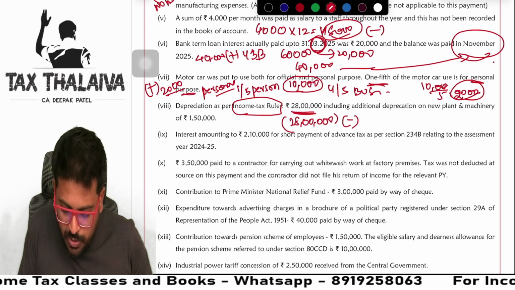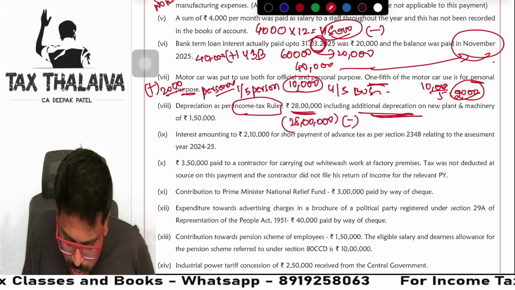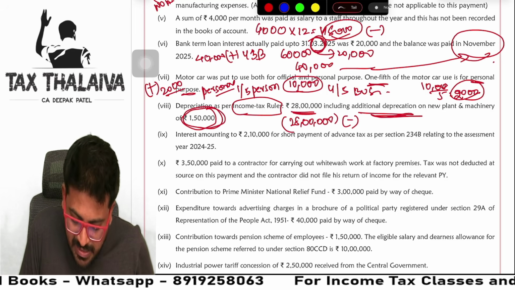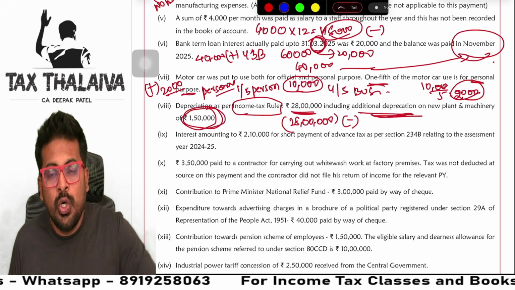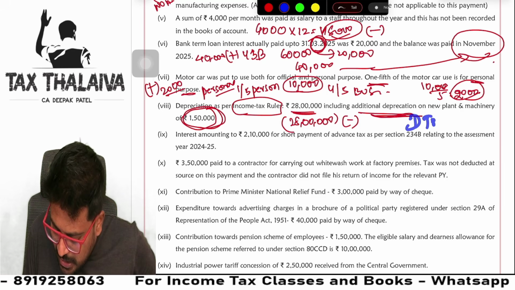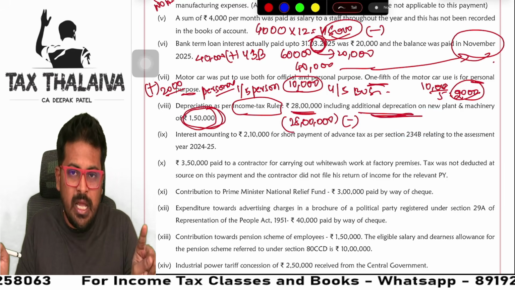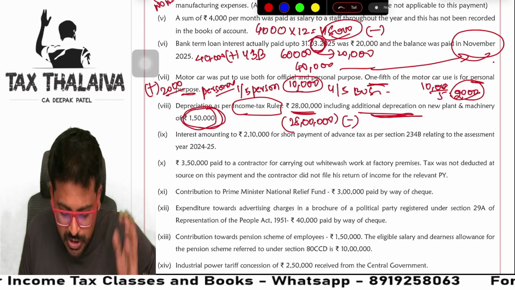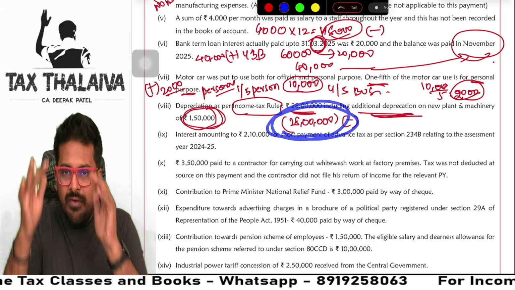But guys, keep in mind one thing. Additional depreciation is also there in this 28 lakh rupees, which is 1,50,000 rupees. Additional depreciation will be allowed only under the optional tax regime. Under the default tax regime, you cannot claim this additional depreciation. So if the question says you compute under the optional tax regime, no problem, 28 lakhs only we will reduce.